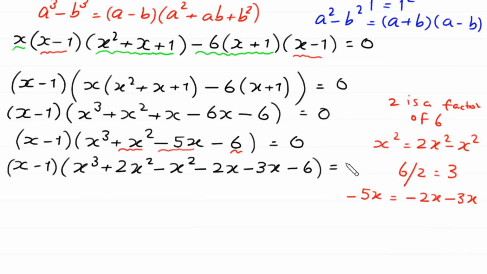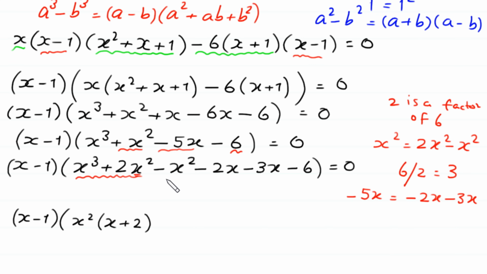Is equal to 0. Next, x minus 1 times, now from these two terms, x cubed plus 2x squared, we can factor out x squared: x squared times, in bracket, x plus 2.